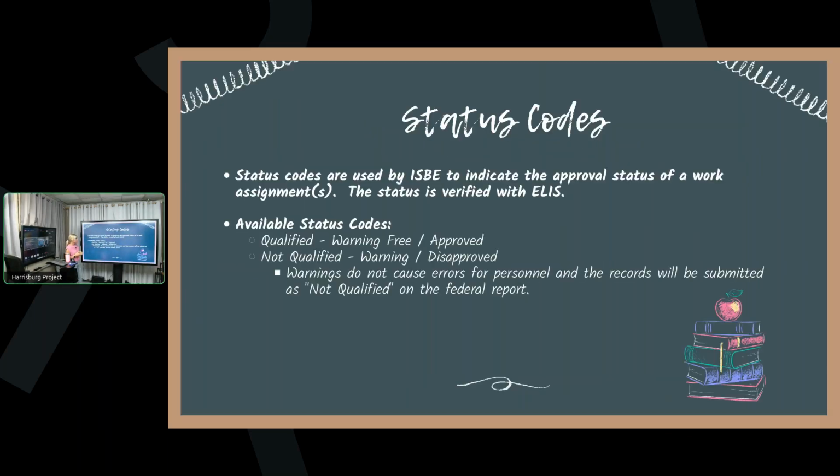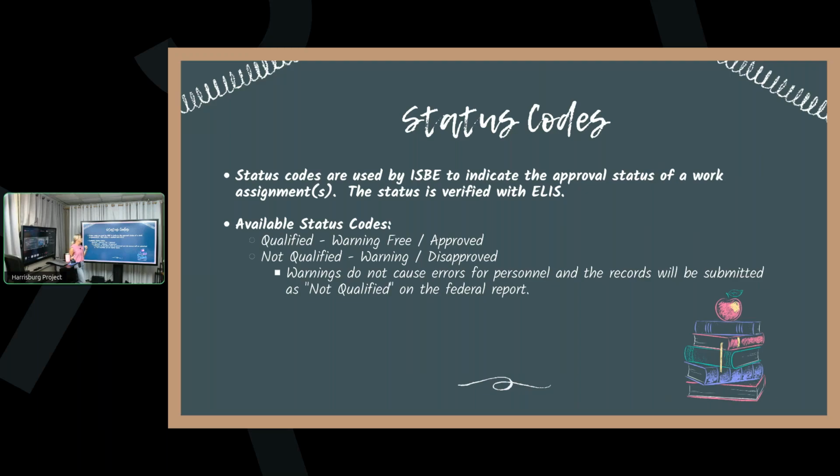All right, status codes. It's very difficult to generate errors in iStar for personnel. You're going to see more warnings than errors. Basically, if staff members are entered and you don't put an FTE in, you're going to get an error. If their position code doesn't match up to EIS, you're going to get an error.